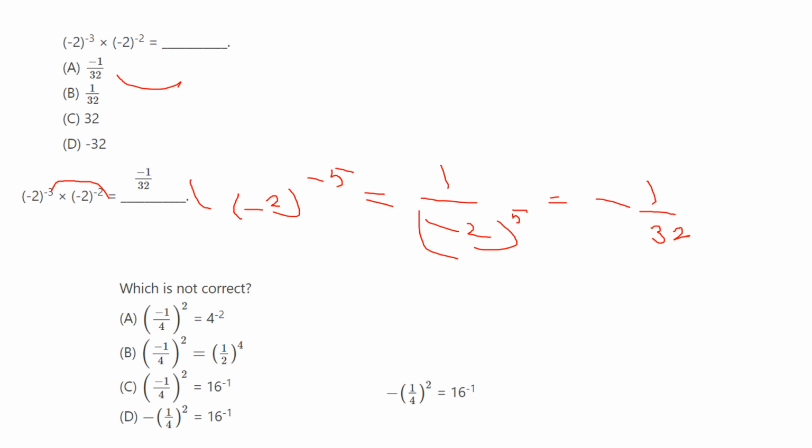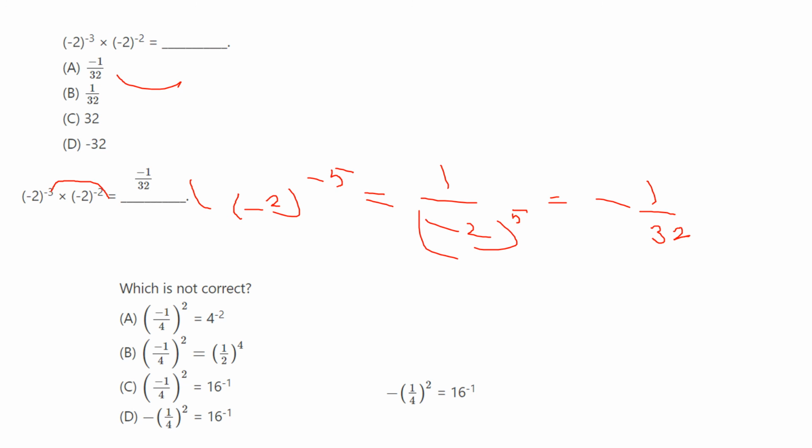Next, which is not correct? Minus 1 by 4 whole squared equal to 4 to the power minus 2, and minus 1 by 4 whole squared equal to 1 by 2 to the power 4. Here you see minus 1 by 4 whole squared.